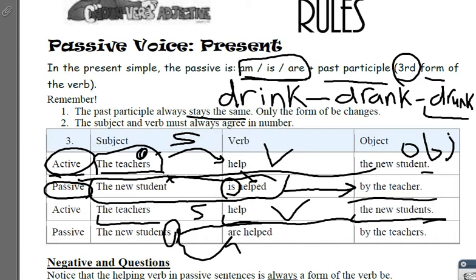So again, what does a passive sentence consist of? It consists of the object, verb to be, and the verb in the past participle. We can add by the subject at the end, and this is, as I told you, an additional part.